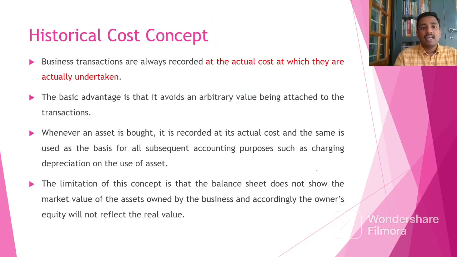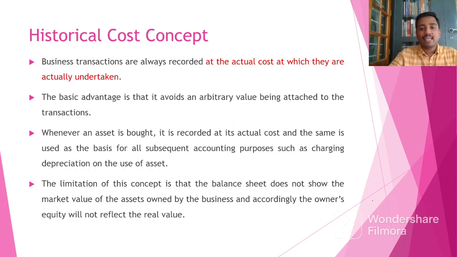The next one is historical cost concept. The historical cost concept says that all the transactions are recorded into the books of accounts on their historical cost. So the historical cost here actually means the actual cost that is taken at the time of purchasing a particular asset.